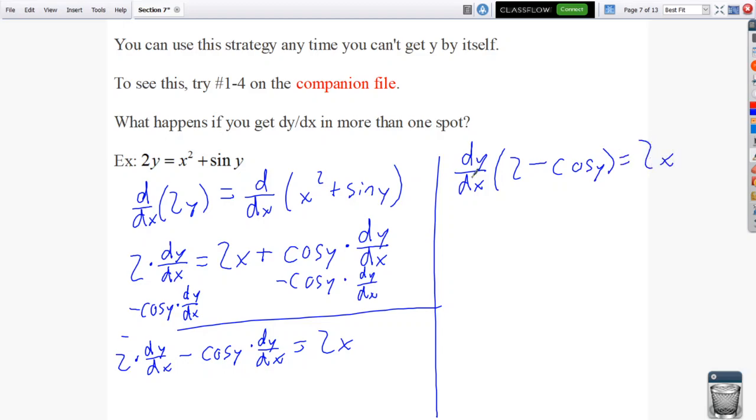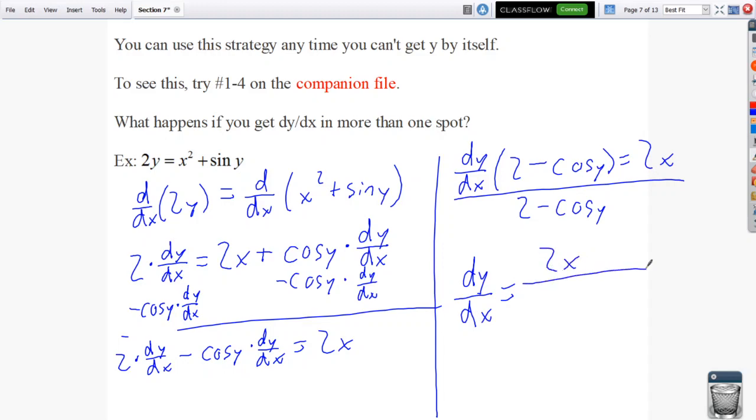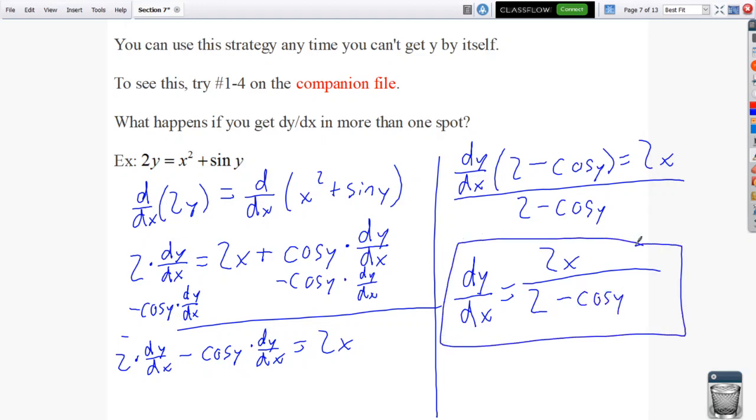And now to get dy dx by itself, I can divide by 2 minus cosine of y. So the derivative with respect to x is going to be equal to 2x over 2 minus cosine of y. And I am done with that. All right?